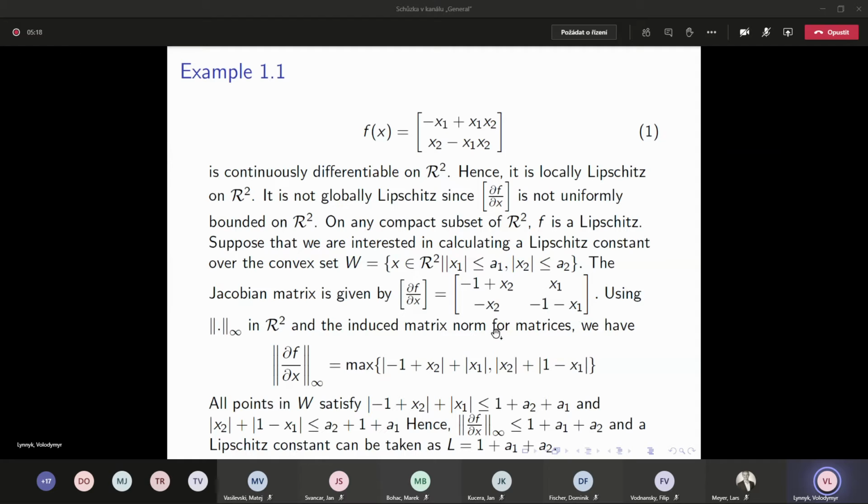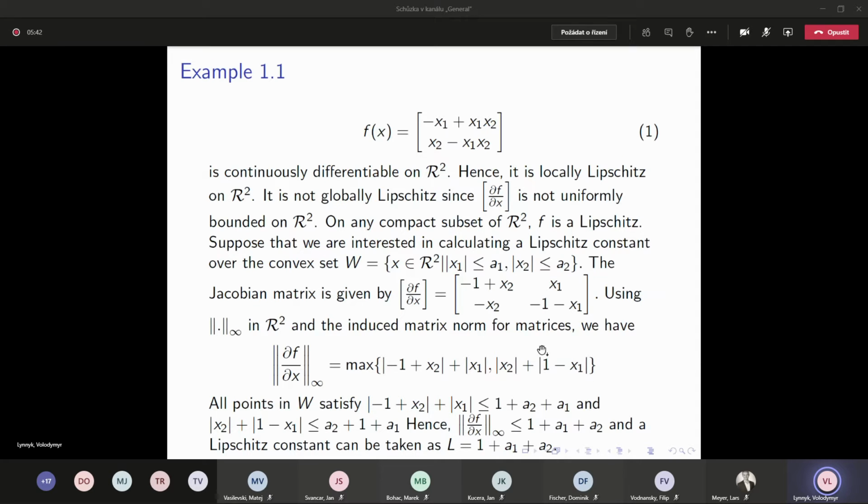Using the norm in R2 and the induced matrix norm for the matrix, we have the maximum of |-1 + x2| + |x1||x2|... and |x2| + |1 - x1|.